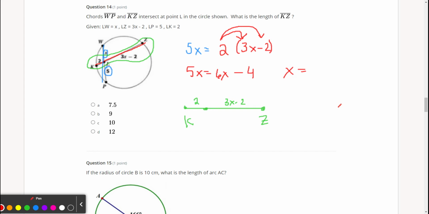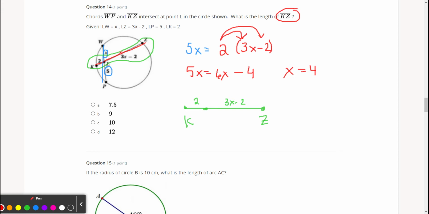Are you sure? How do you solve it? Wait, it would be -x equals -4, so x equals 4. So why isn't 4 my answer choice?